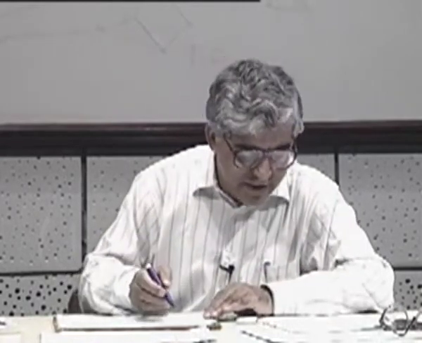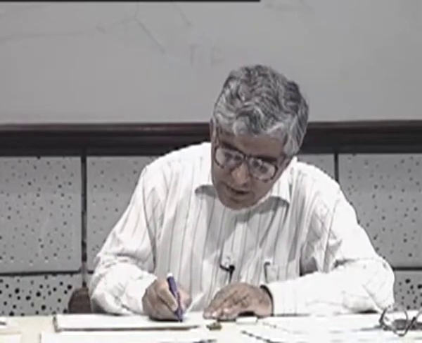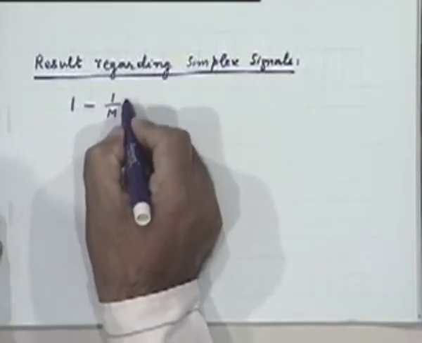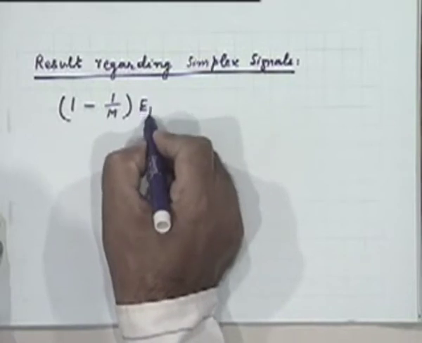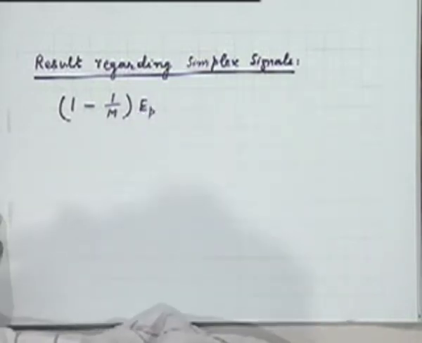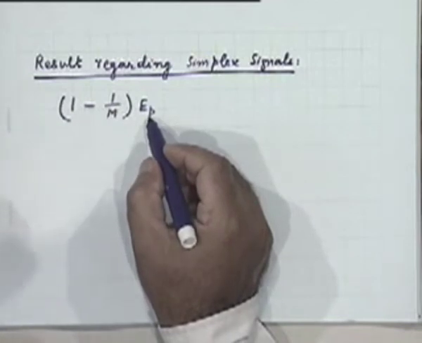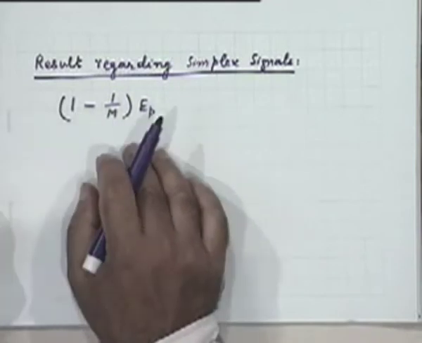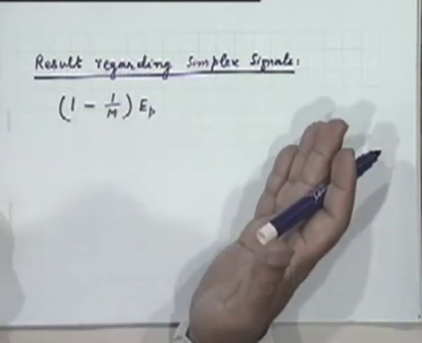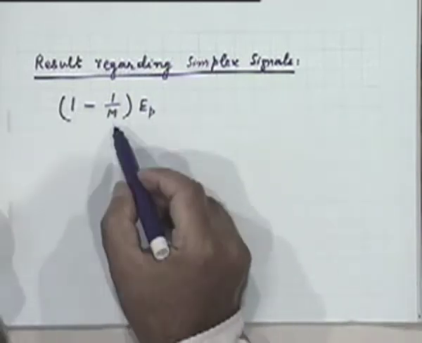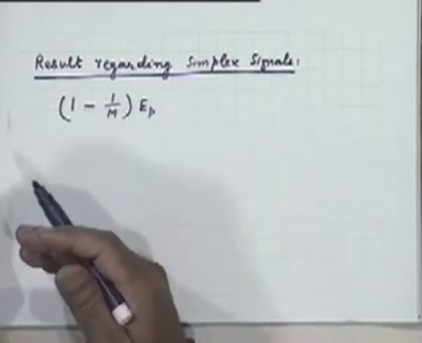Okay, and the relationship is that the average pulse energy will be (1 minus 1/M) times E_p, rather than E_p. So if E_p, the energy of the pulse required for a given error rate, is E_p for the orthogonal case, it will be this value for the simplex case. Of course, as M tends to infinity, as M becomes larger and larger, this difference becomes smaller and smaller.